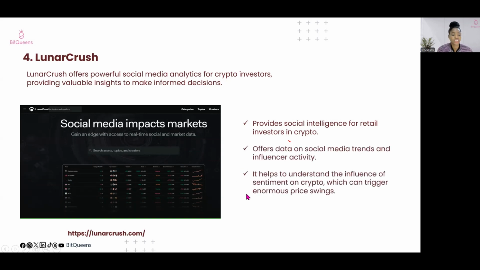You can see what these influencers are doing. You can even see their portfolio. You can see what projects they are bullish on. And that can give you an insight whether you want to mirror their portfolio or just do your own thing. So all this will help you make informed decisions while in the crypto space.